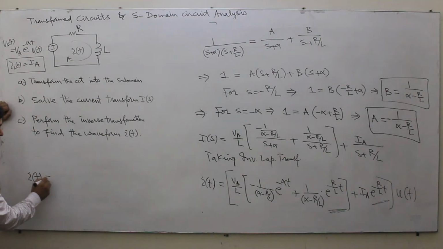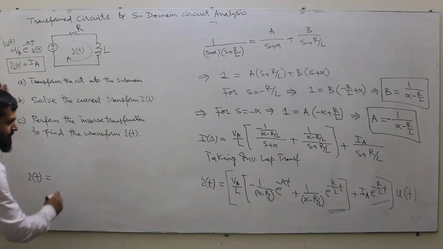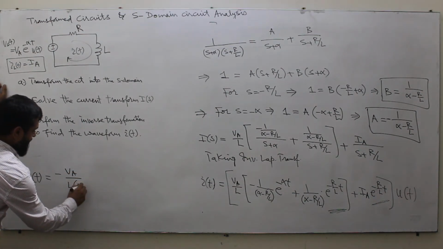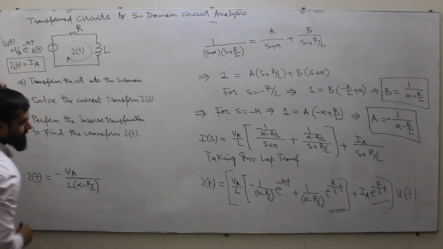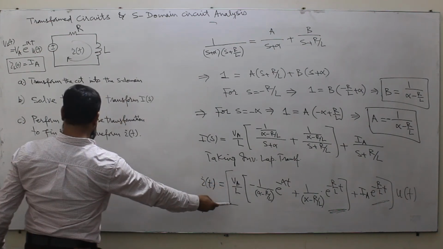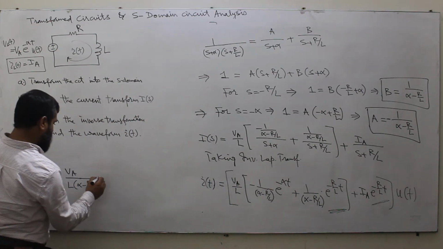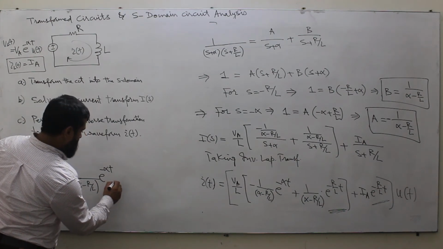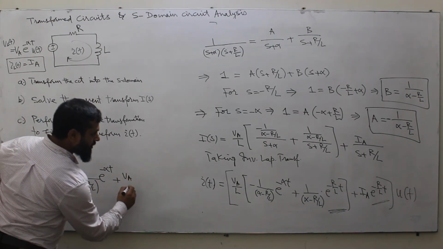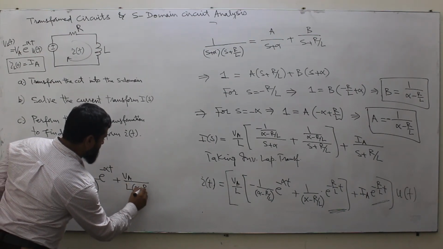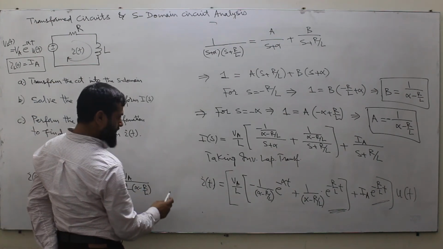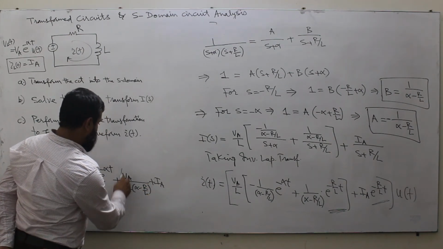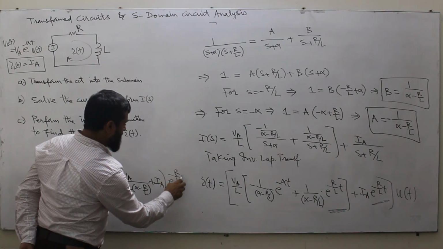I of t is equal to minus VA over L into alpha minus R over L into e to the raised power minus alpha t, and further, plus VA over L into alpha minus R over L plus IA into e to the raised power minus R over L into t.